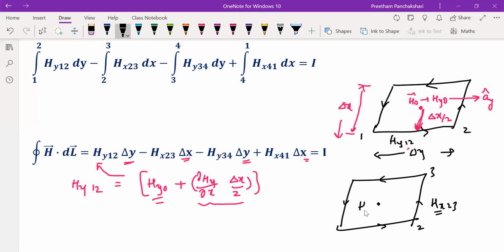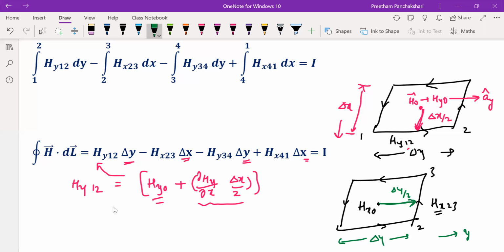That's why the x component at the midpoint is Hx0. This Hx0 will change to Hx23 after undergoing a change over this distance. This distance is half of this line, and this total length is delta y, so this is delta y by 2. Look at the arrow mark. This arrow mark is towards the positive y-axis, so the change delta y by 2 is also positive.